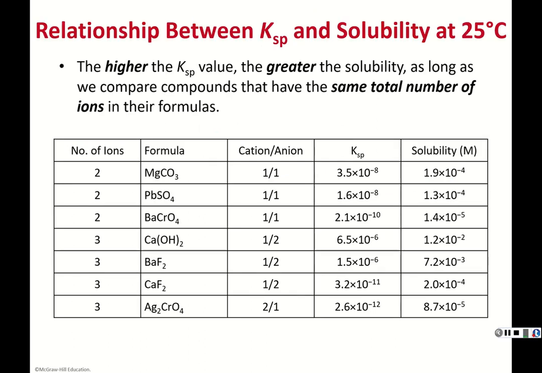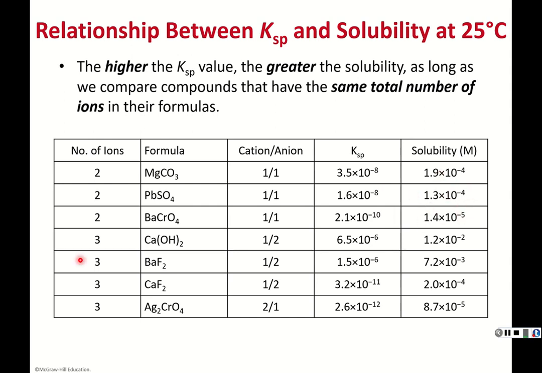Okay, so the relationship between KSP and solubility is shown here, right? The KSP value shown here, if you have 2 ions, as you decrease in KSP value, the concentration is going to decrease.